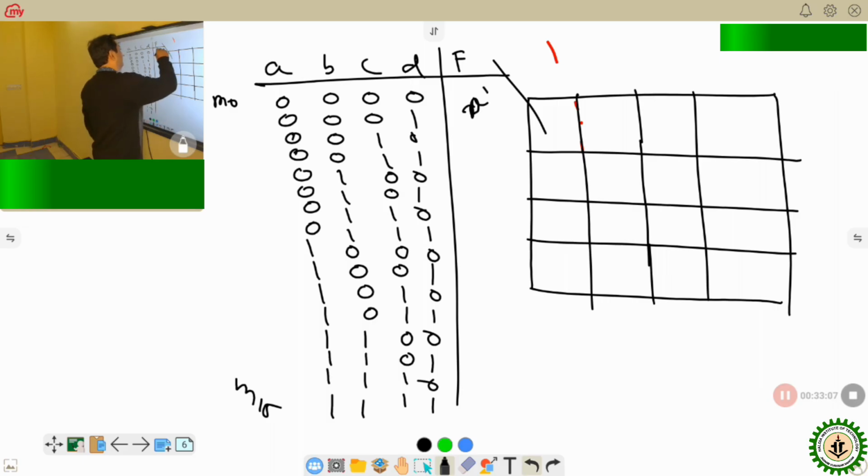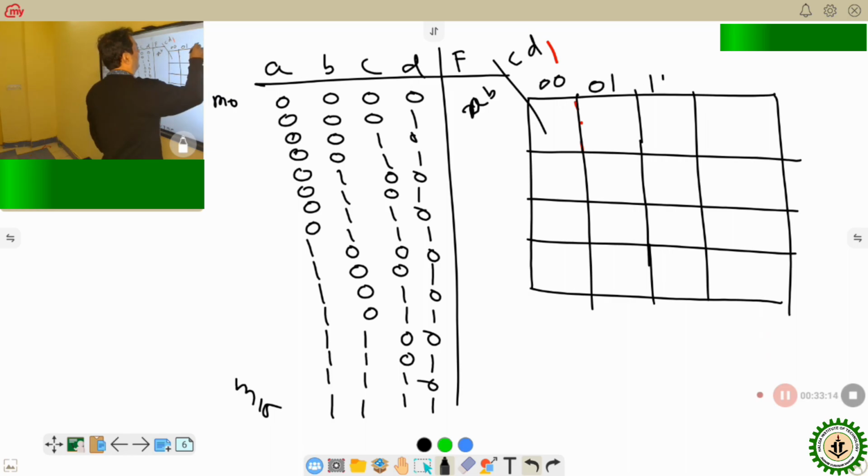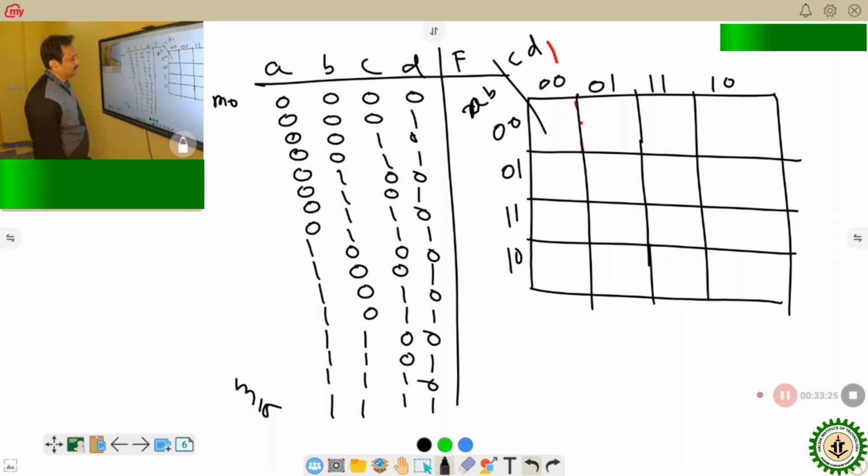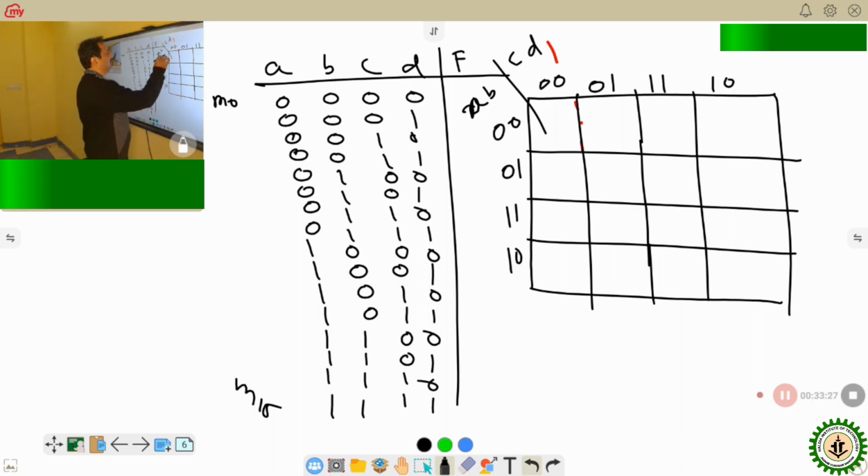This is A, B, C, and D. The labels are 0, 0, 0, 1, 1, 1, 1, 0 on both sides. Okay. This is the min term position: 0, 1, 2, 3, 4, 5, 6, 7, 8, 9, 10, 11, 12, 13, 14, 15. The positions will be like this.